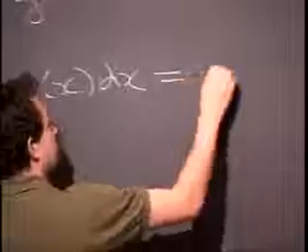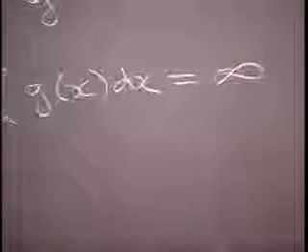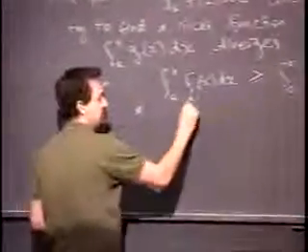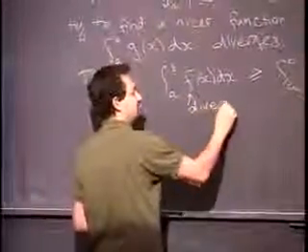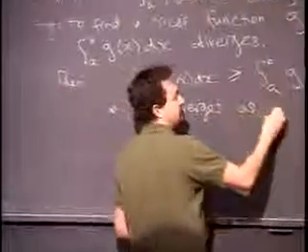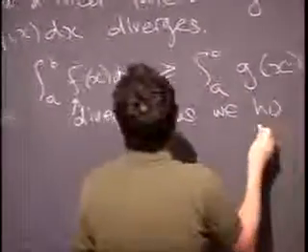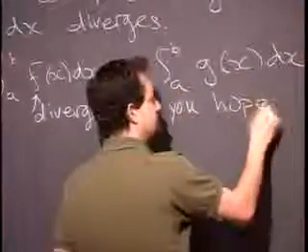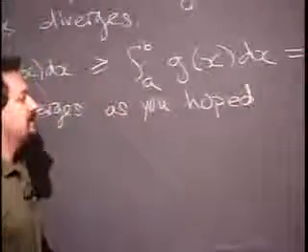But that's already infinite because we've assumed it's diverging, and that's the only possibility when g is positive. So, i.e., this diverges as planned, as we hoped. Well, as you hoped. And that is the comparison test.